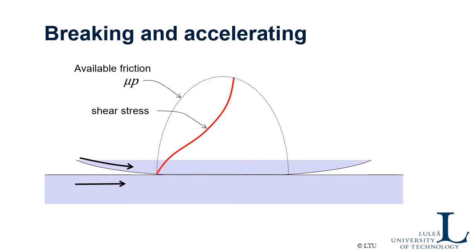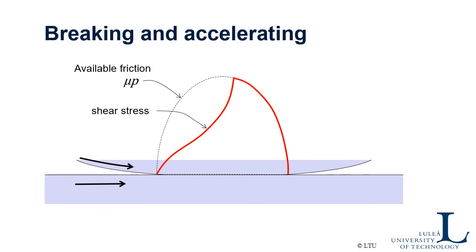Now, at the first position where the wheel is touching the road or the counter surface, it will stick. And as that point moves through the contact, the shear stress will be bigger and bigger depending on the speed difference here. But it will increase, and eventually it will reach the available friction level here, mu multiplied by p. And when it does, it starts sliding.